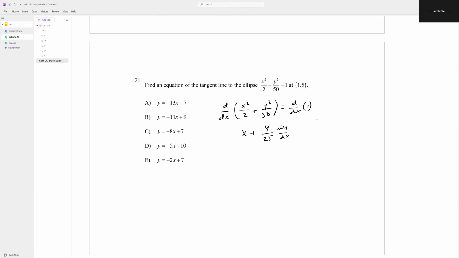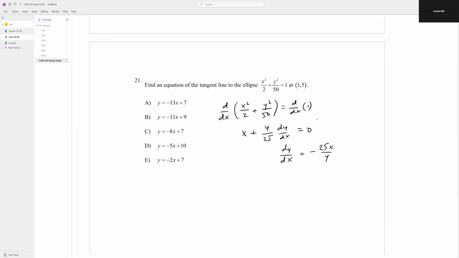Skipping a few steps here, but you can easily see that for yourself. Equals, the right side is 0. And then I'm going to isolate dy/dx by moving x to the other side. That's going to give me dy/dx equals negative 25x over y, which you can confirm for yourself.